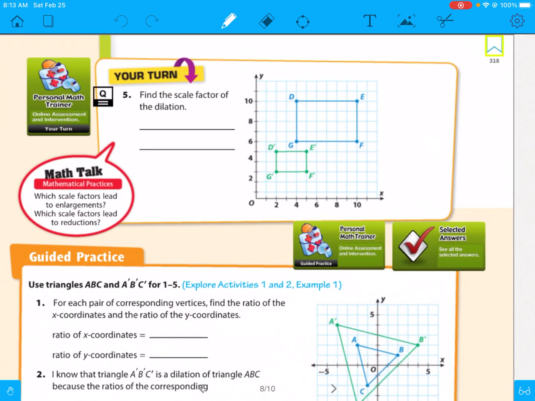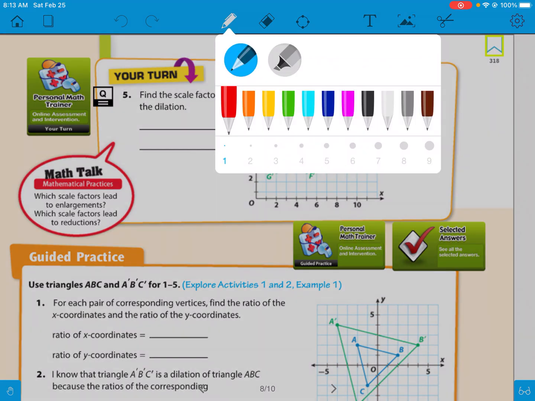So if you look here, we can find the scale factor of the dilation. You should try number 5 on your own. You can pause the video, do the work, and then double check your stuff. But if you look, remember, new divided by original. The original is the blue shape, the bigger one, and the new shape is the green one. You can already tell it's a reduction because it gets smaller.